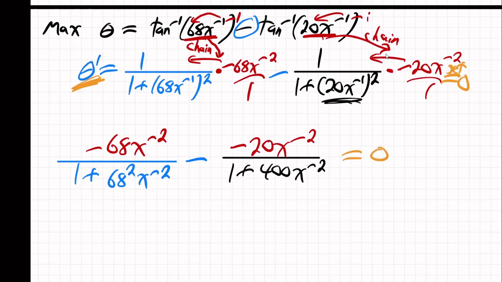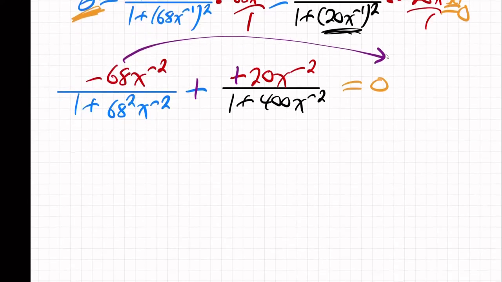equals 0. Now, I'm going to go like this. Negative, negative, head to head is positive. Those become positive. So I'm going to jump this guy to the other side and he'll become positive.